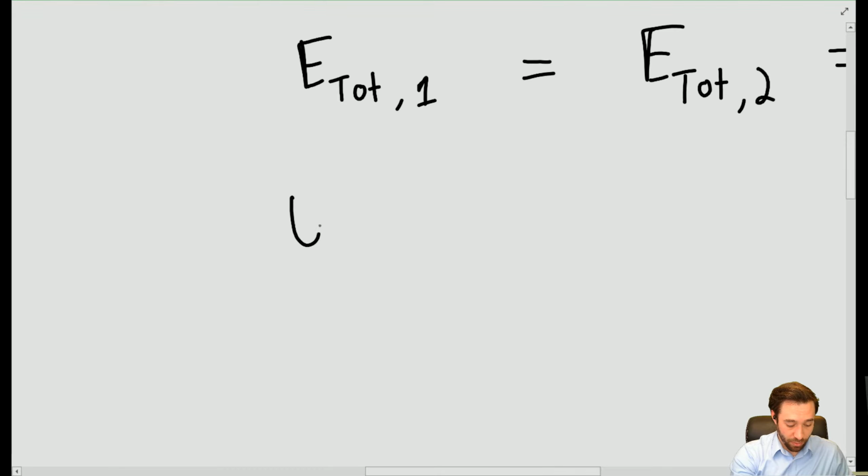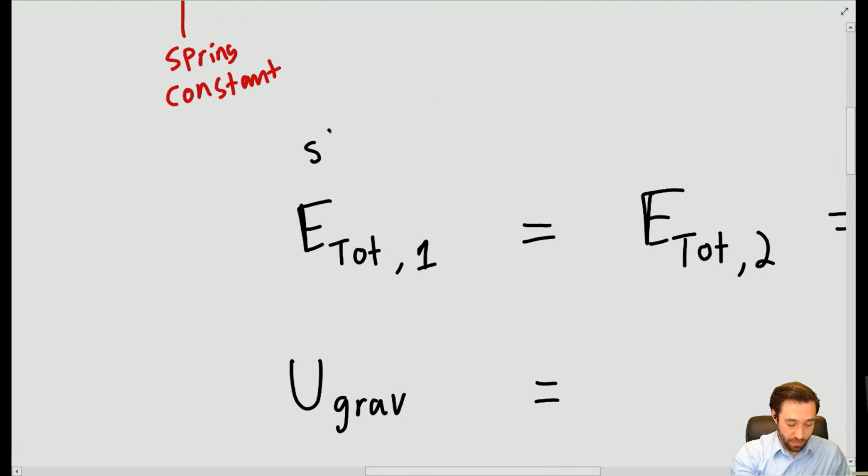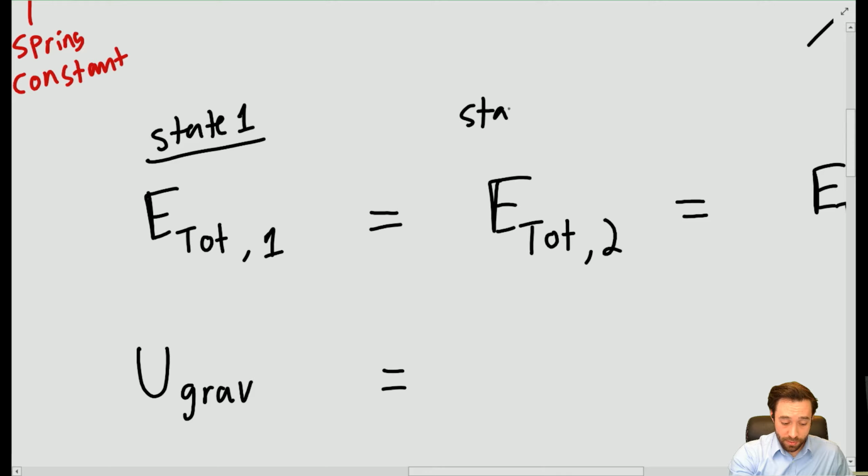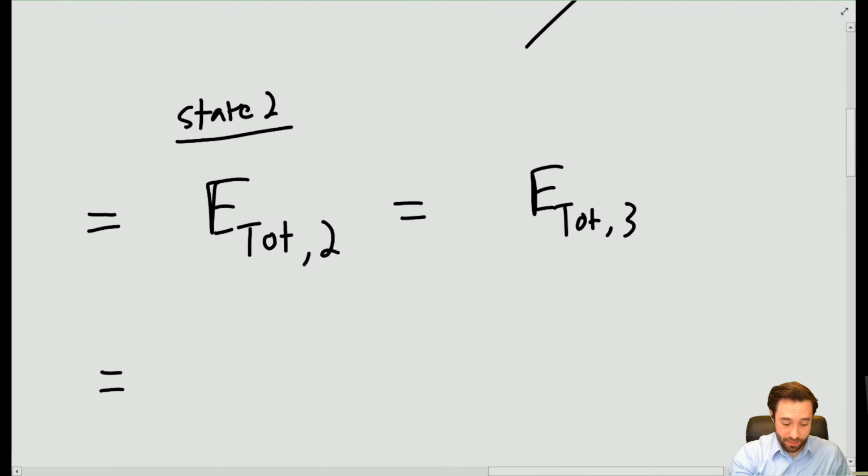So I'm going to have U grav, and this is going to be state 1. That's what this little subscript represents. So state 1, state 2, and state 3.